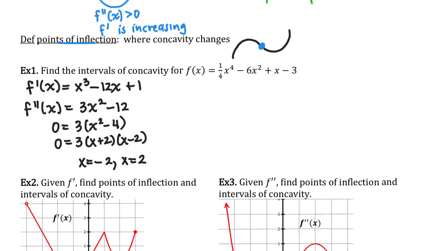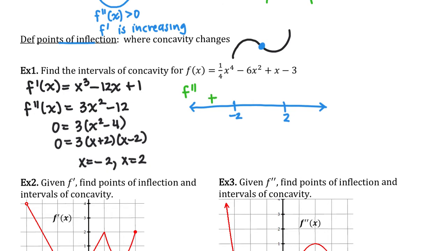Okay, now you can do a table or you can do the number line, depending on what you preferred in the previous section. So the two candidates for points of inflection are -2 and 2. Because I'm checking for concavity, I'm going to check the second derivative sign. If I pick a number lower than -2, like -3, and I plug it in the second derivative, 3 times 9, 27 minus 12, that's going to be positive for f double prime.